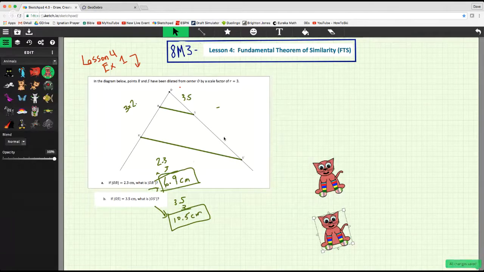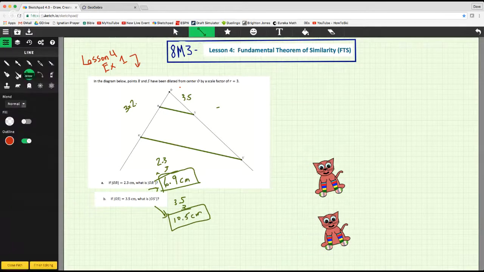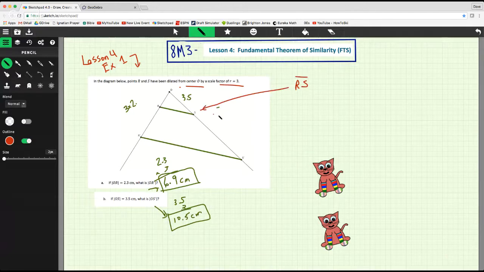We did some work. Now the interesting thing about the fundamental theorem of similarity is that if I take 2 points like this and dilate them using a given scale factor around the same center, the resulting line segments, which are RS and R prime, S prime, must be parallel.